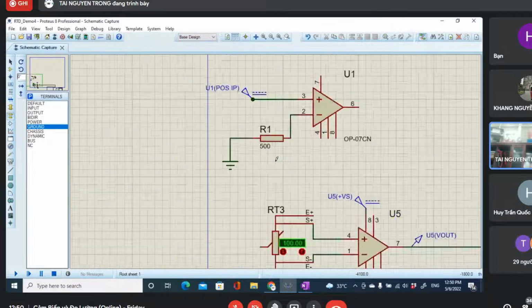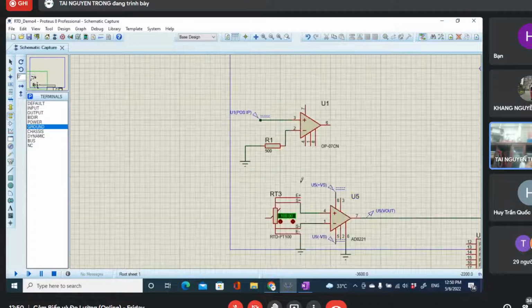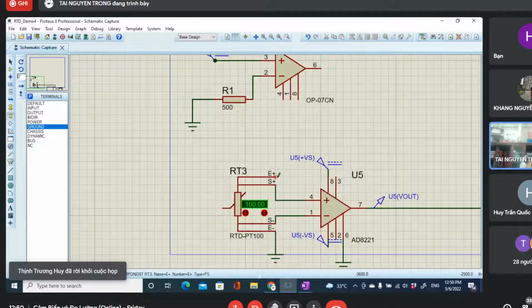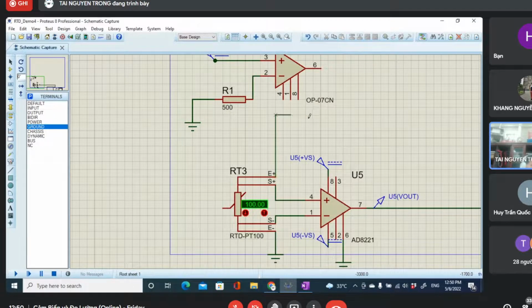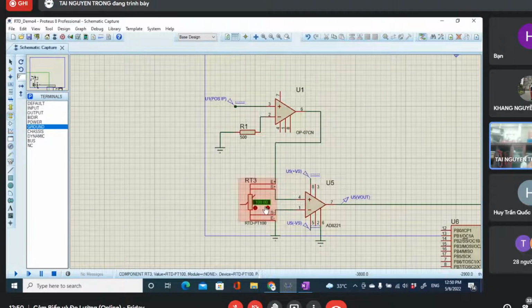As the current will be taken into account, this is applied directly to the resistor. Okay, and the other one.